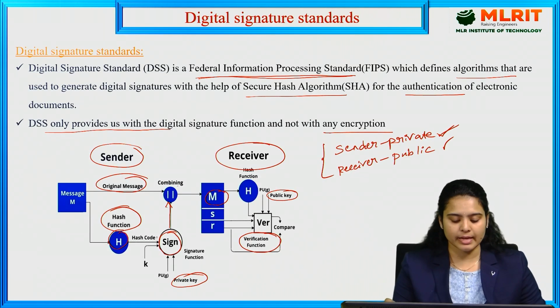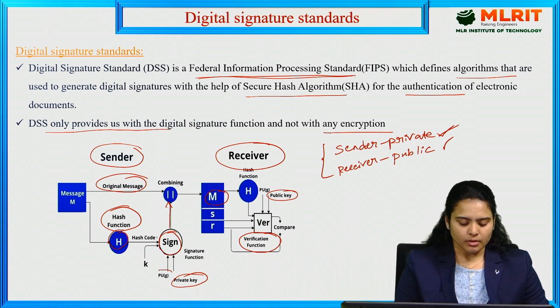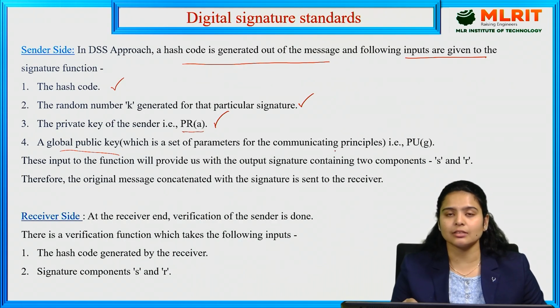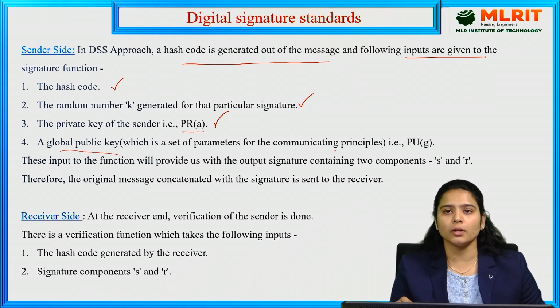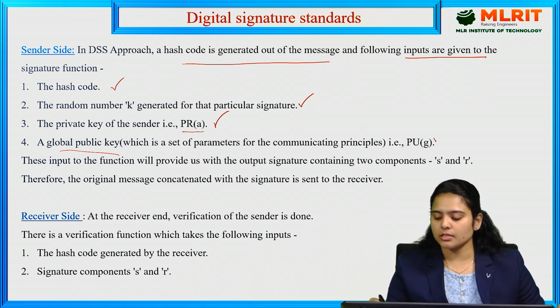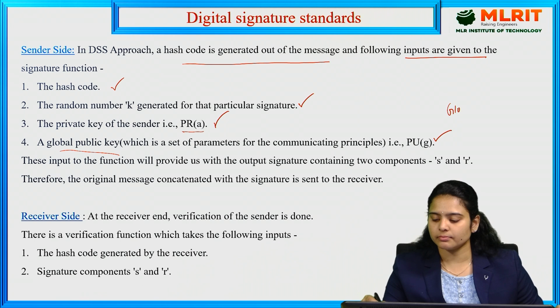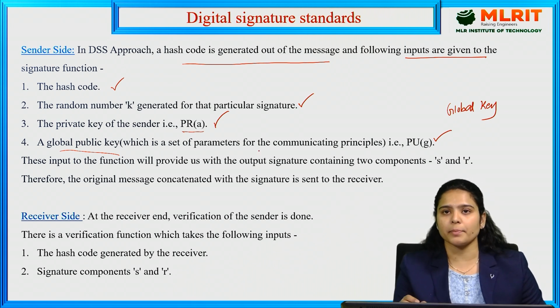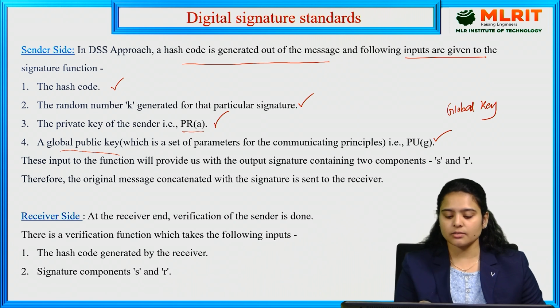Here we have PU of G, which holds the parameters of the global public key. PUG is nothing but the global key. That is the global key of parameters which is going to be communicated by the digital signature standards. And it also contains the output signature S and R.